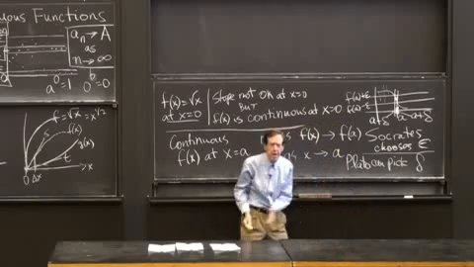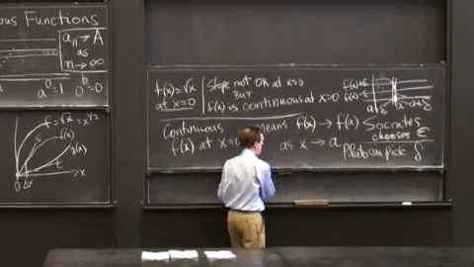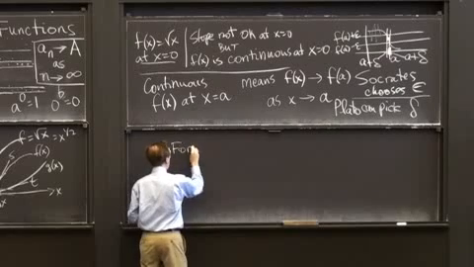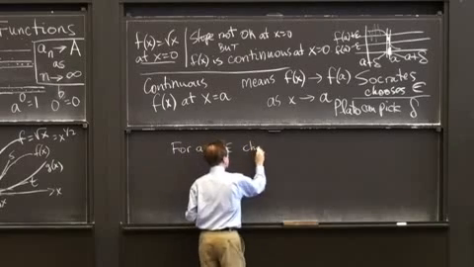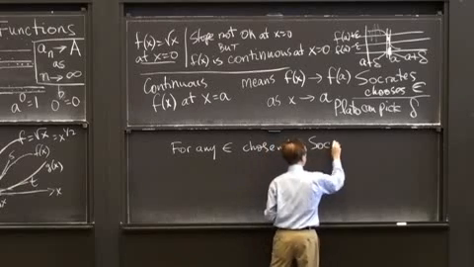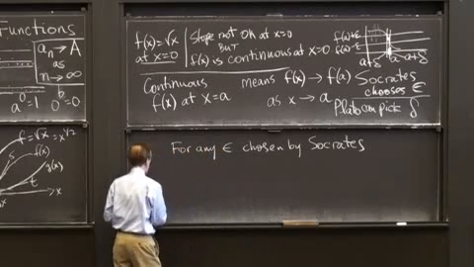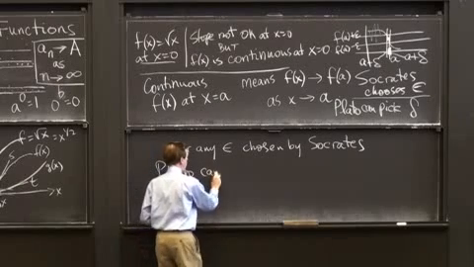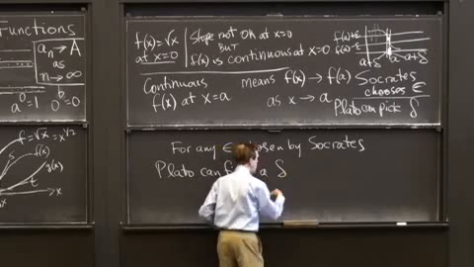Are you kind of with me? The logic goes: for any epsilon chosen by Socrates, Plato can find a delta, a positive delta.